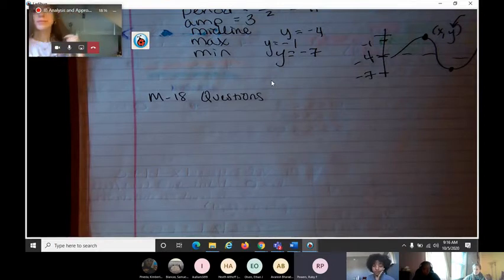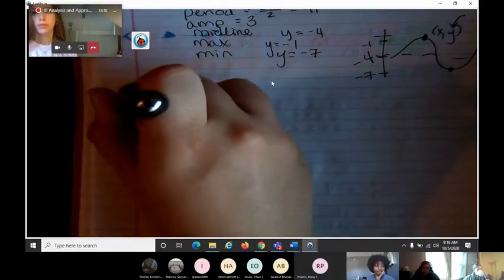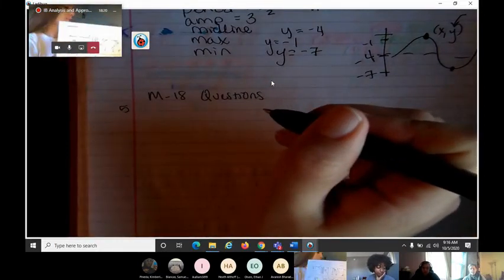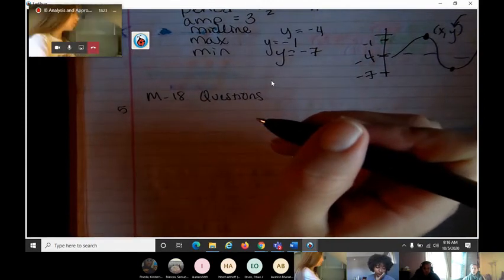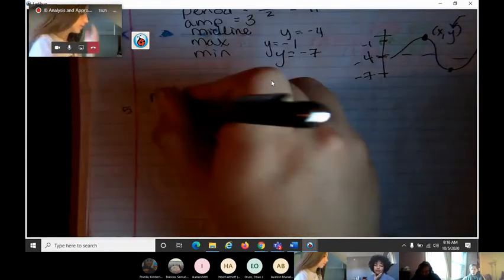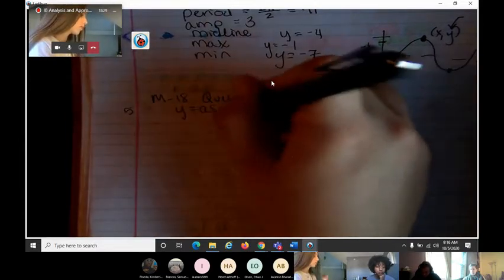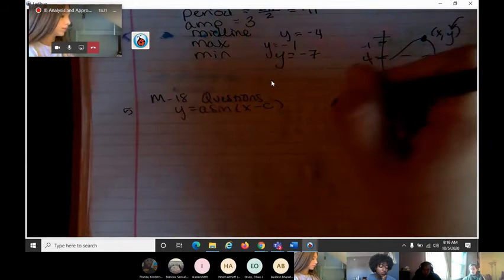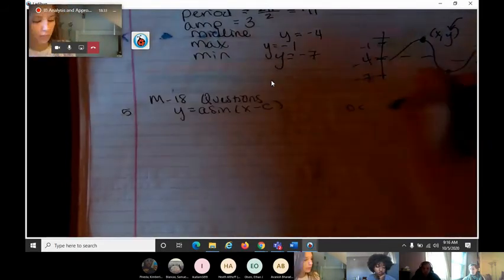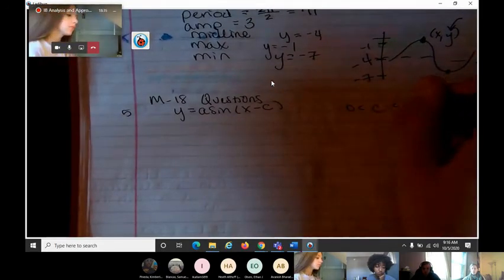Yes. So number 5 is what we'll start with. It says express the graph below in the form y equals a sine of x minus c, where c is between 0 and 90. This is a good one to go over.